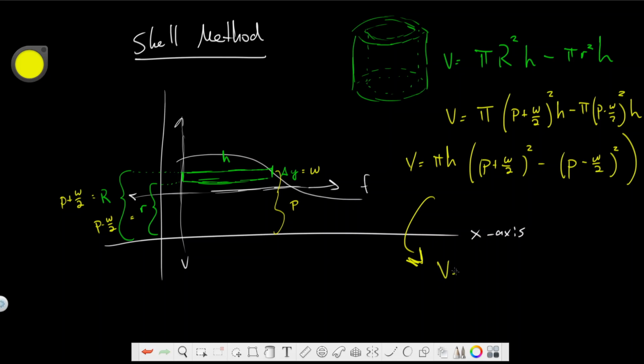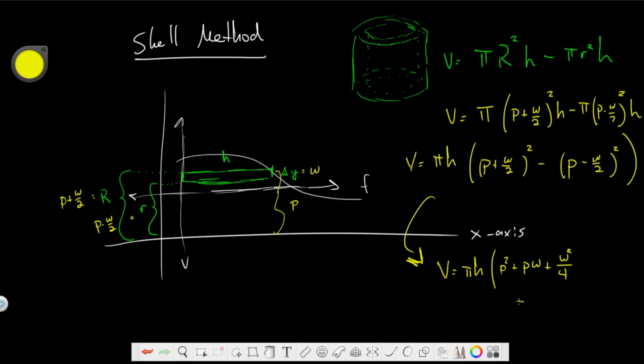We are going to have pi h times, it's going to get a little bit hairy, p squared, plus 2 times p times w over 2, which is just pw, and then plus w squared divided by 4.